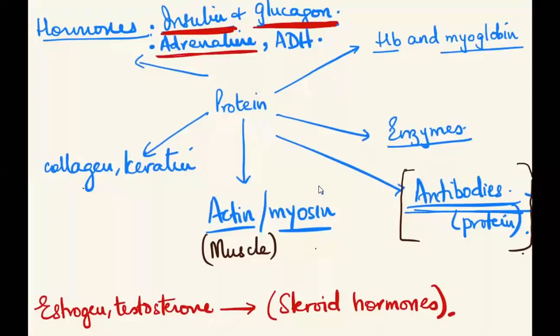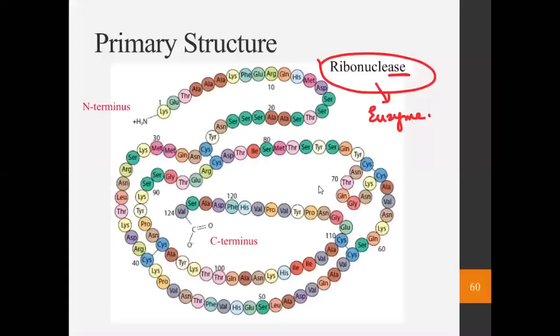Collagen is a protein, enzymes are protein. Okay? So whether it's any protein, every protein has a primary structure. And what is the primary structure of a protein? It is nothing but a series of different kinds of amino acids that have been linked together by means of peptide bonds. Okay? How?